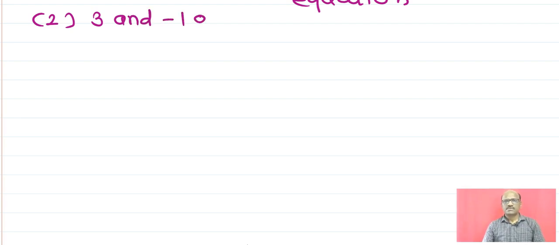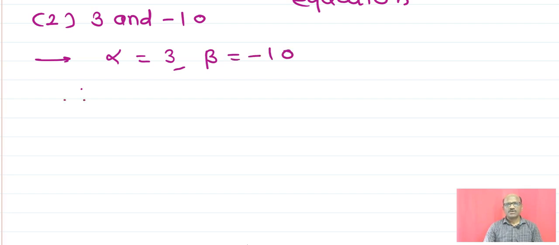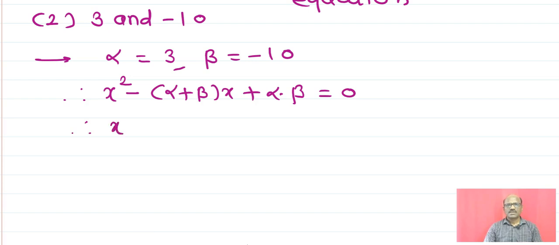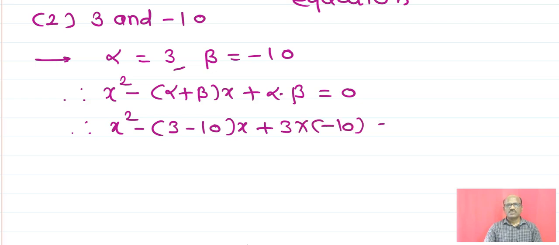Next, 3 and minus 10. Here alpha is equal to 3, beta is equal to minus 10. Again same format: x square minus in bracket alpha plus beta into x plus alpha into beta equals 0. That is x square minus 3 minus 10 into x plus 3 into minus 10 equals 0.